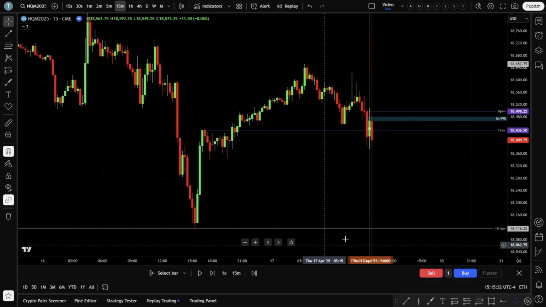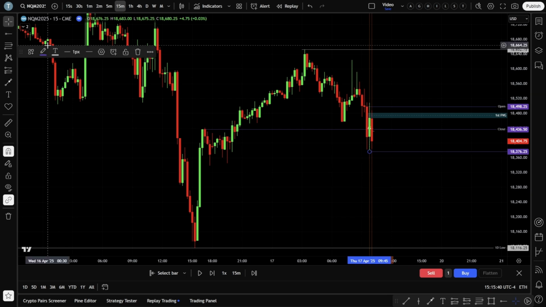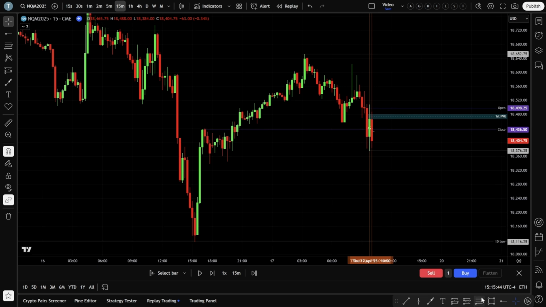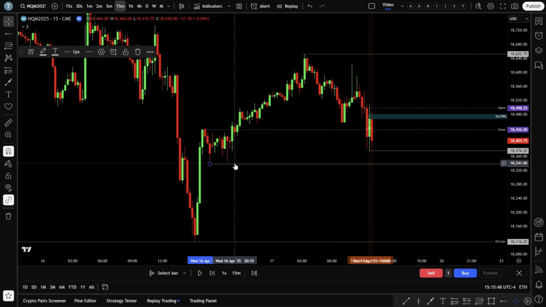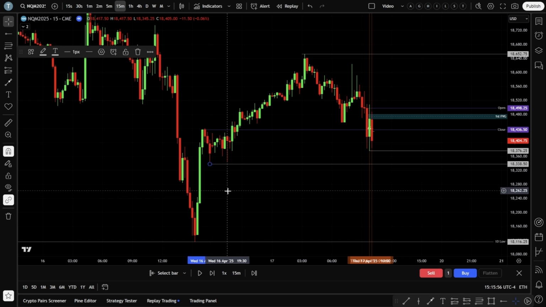If we are bearish, well, we have this low here. But here, what stands out more is we have two relative equal lows at 16:45 from Wednesday, and then just as the market opened up after the close on Wednesday.